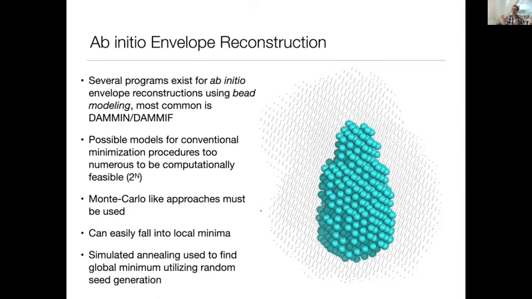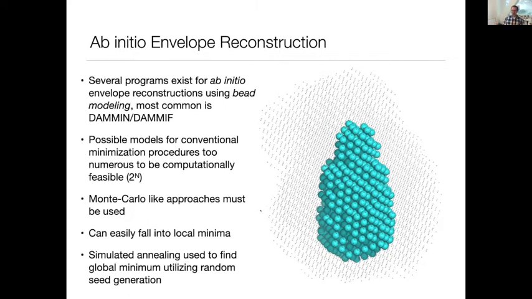And you turn beads on or off. They can either be solvent or particle. And you calculate the scattering profile from whatever that collection of beads is. And usually it starts with a random configuration. And as you turn beads on or off, if adding that bead to the particle improves the quality of the scattering profile, you keep it. And if it makes it worse, you reject it and you move forward.